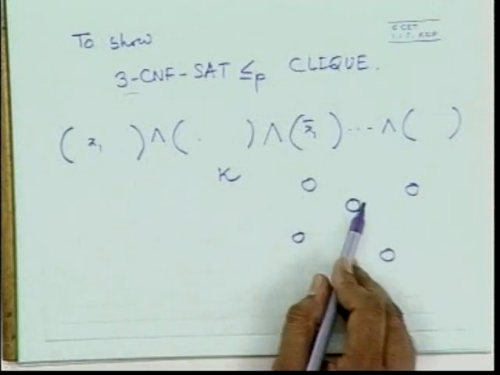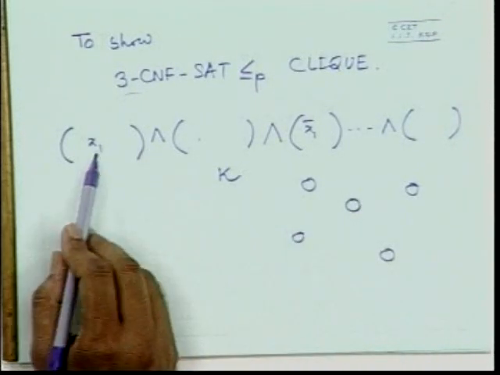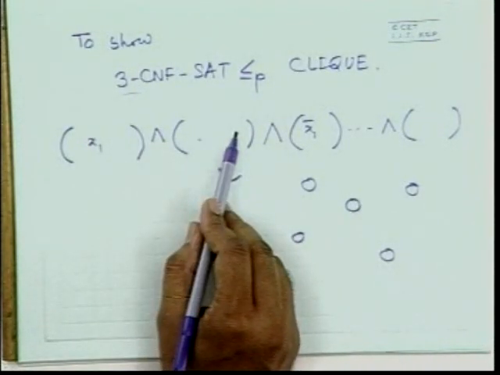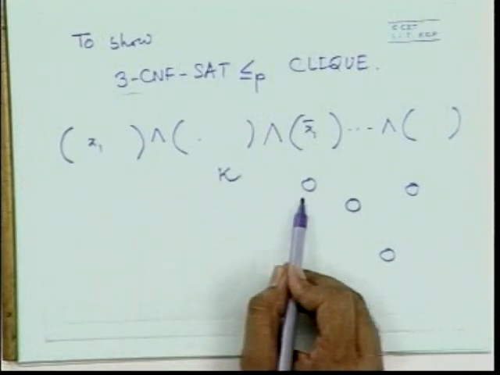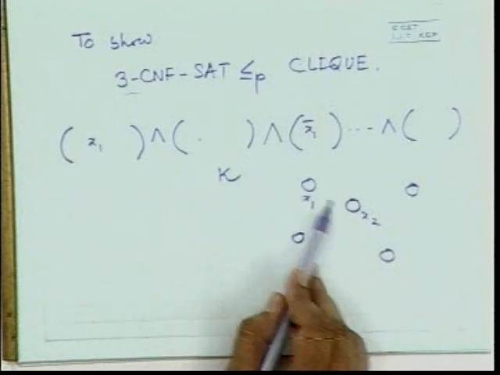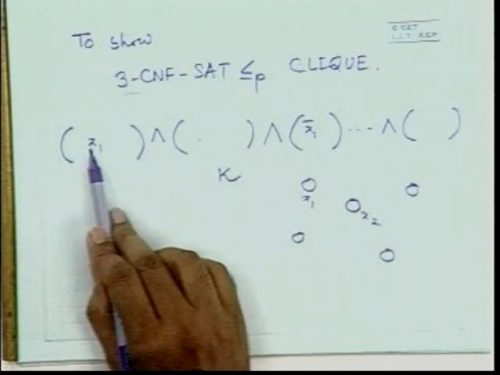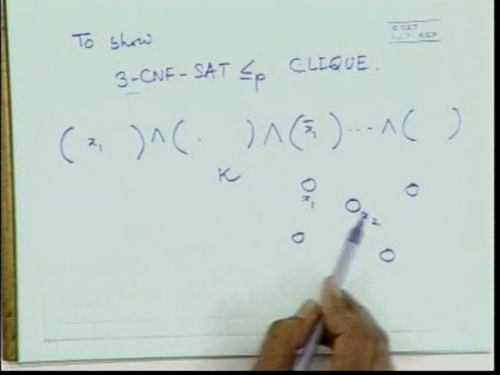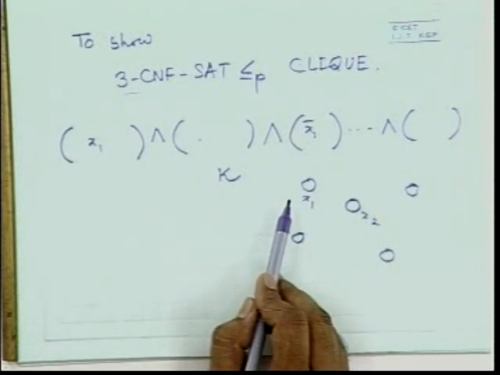Now we connect two nodes, say this one, x1, and this one, x2. If x1 and x2 appear in two different clauses and one is not the negation of the other, then we connect.